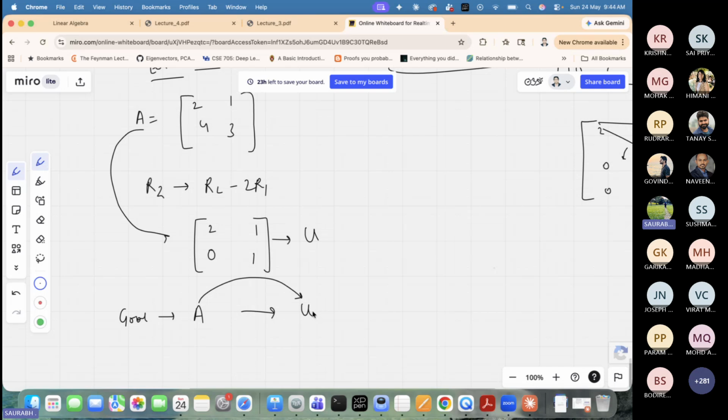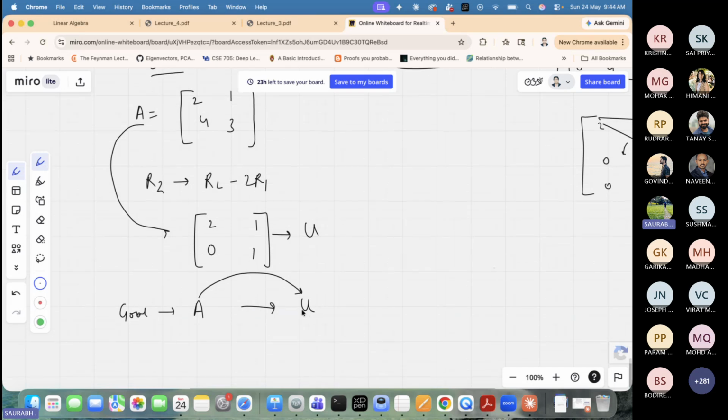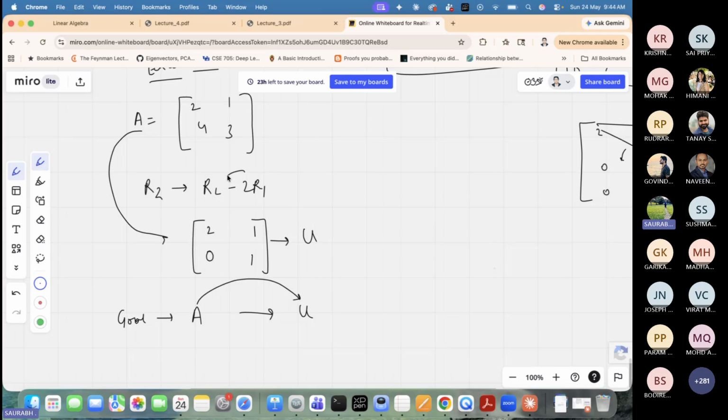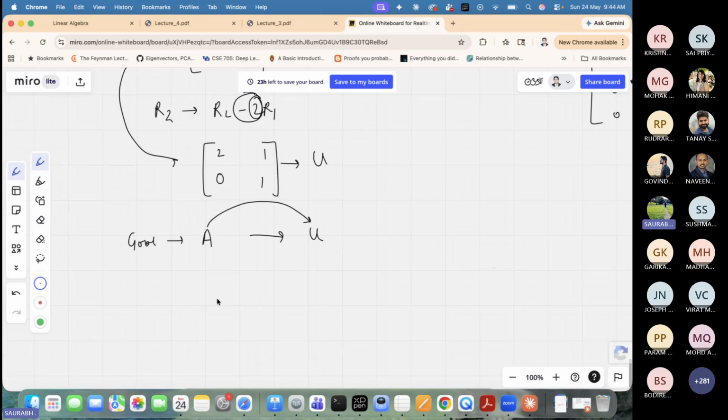But while doing all of that, think of the multiplier that you used. The multiplier right now is 2. Think of it as not minus 2, but the multiplier itself is 2, right? So what if I take an identity matrix, 1, 0, 0, 1?